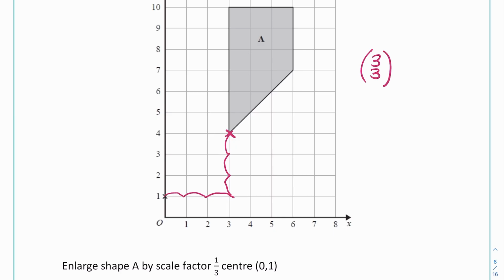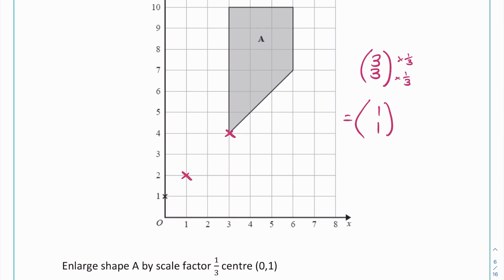And we're going to multiply that by 1/3, which is the same as just dividing it by 3. So if I put times 1/3 next to both of those, that would become 1 and 1. So our new vector, to get our new point, I'd only have to go across 1 and up 1. That's where the shape's going to start from in terms of that vertex.